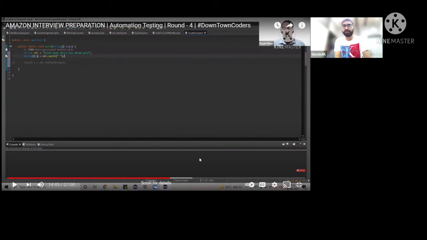Like 200 gives you the success message. 201 gives you the updations, if any kind of updations are there. 400 means the page or the URL is not found. 500 means server errors. So there are some specific codes which have been given to test that the application or Postman is able to access the APIs in the correct way.